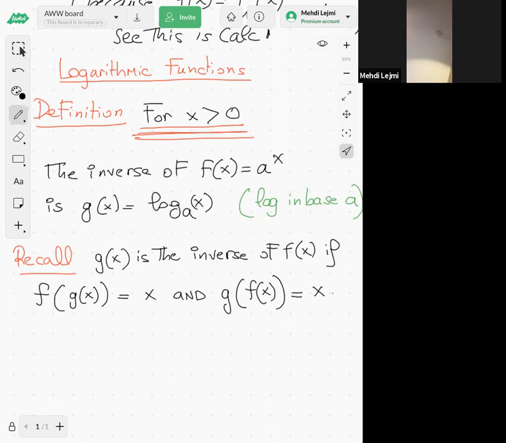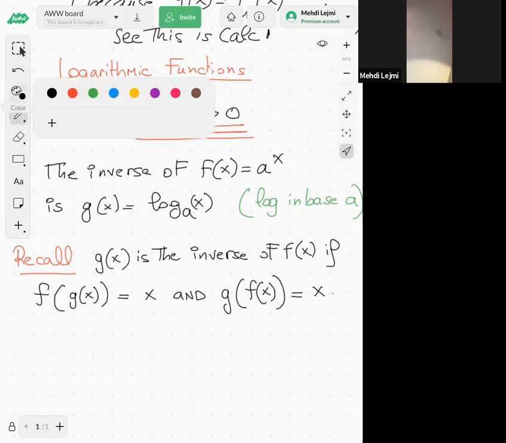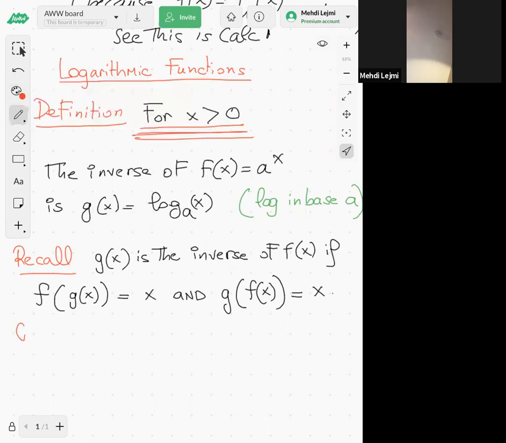Now, if you apply this definition to the exponential and log, the consequence is the following. We're going to get the following identities.